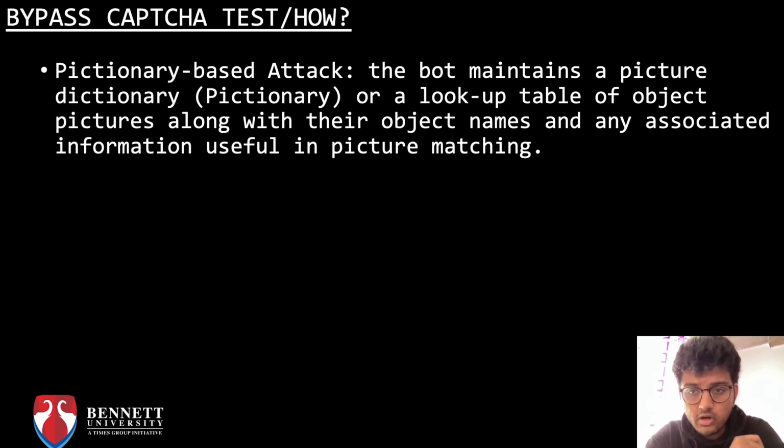Whenever the bot comes across a picture, it searches for the picture by comparing properties like color intensity, edge detection pattern, pixel pattern, etc. with every picture it has in its table. If a match occurs, that is, the picture was old, the bot simply looks up the answer. If there is no match, that is, the picture is new, this picture gets added to the table for future lookups.